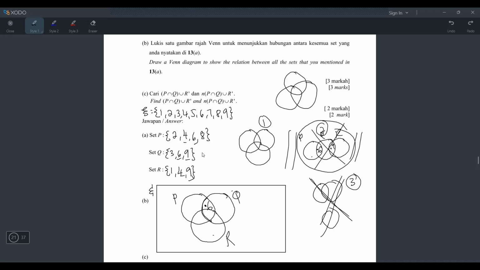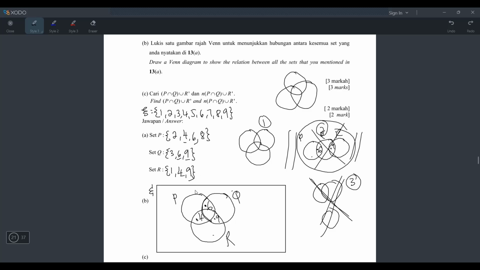So that's why this space has to be empty. And then what about this part? This part is the Q and R intersection. So Q and R only is 9. And then what about P and R only? P and R only is 4, right? And I repeat one more time, there is no element here that all three have. If there were, then I would have to write it in the middle.